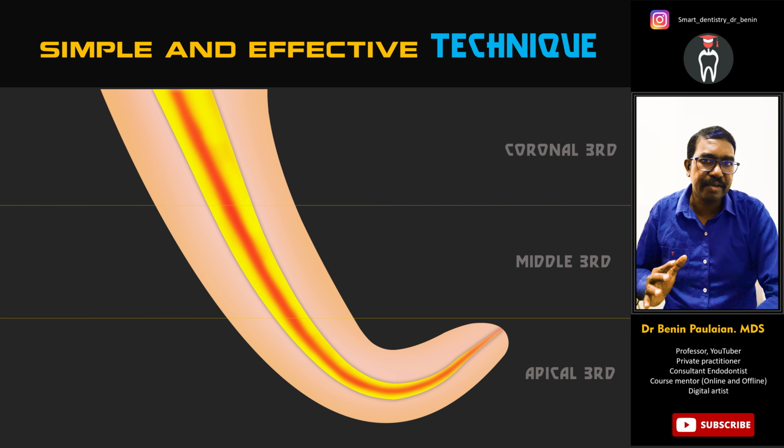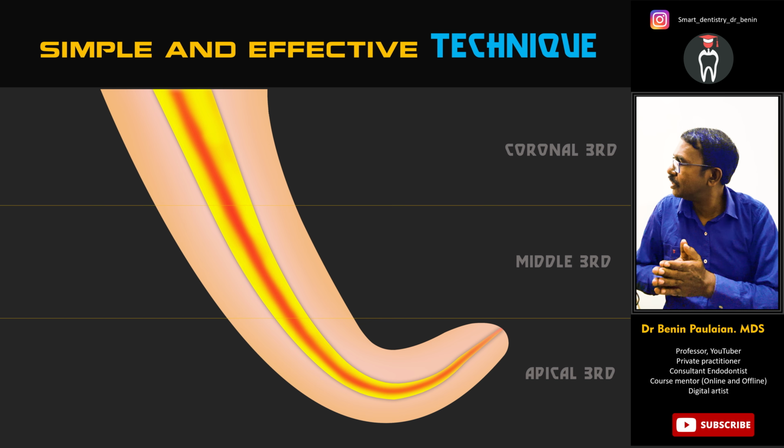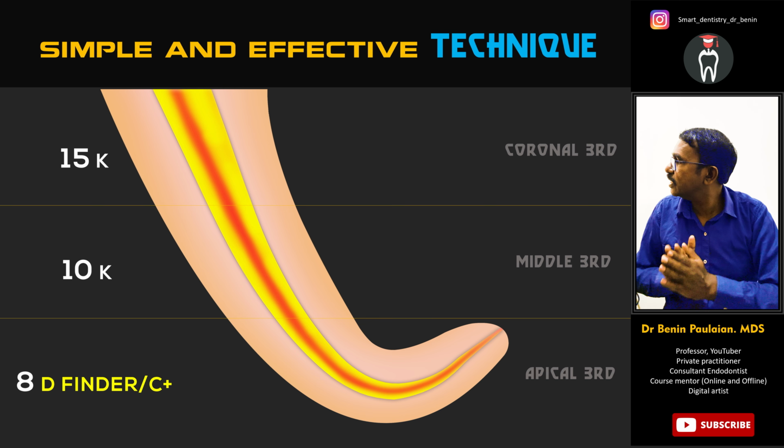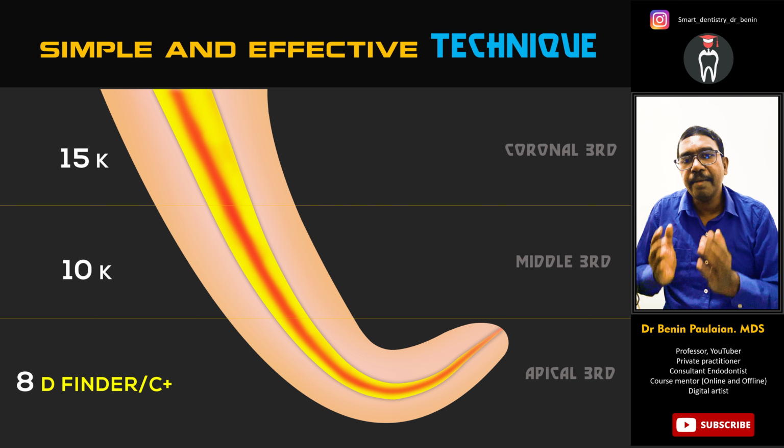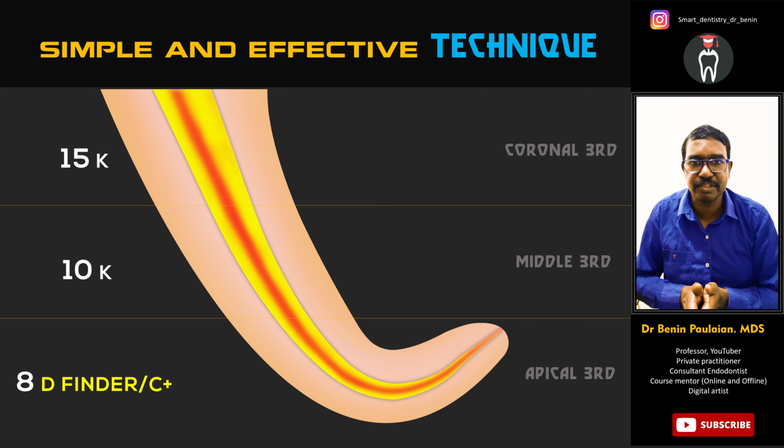Once we have done that, the coronal third we have to negotiate with a size 15 K file, the middle third with a size 10 K file, and the apical part you have to go for the size 8 file. I prefer to use a size 8 D-Finder or a C+ file, any file of your choice, but not the conventional file.